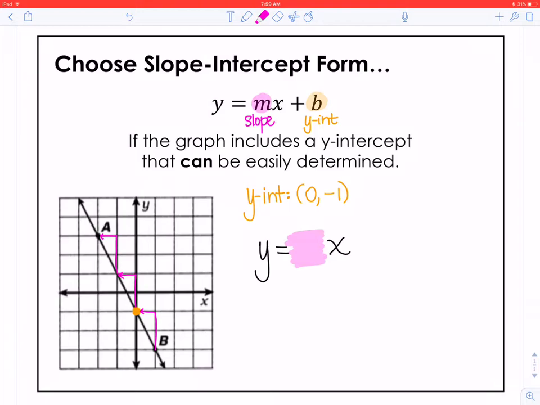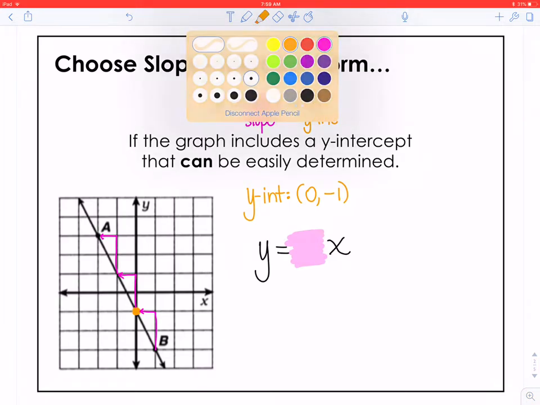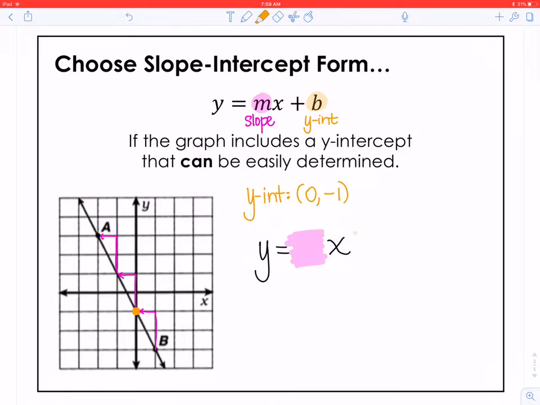And then I also know that after my x term, my constant, either added or subtracted at the end, will be my y-intercept. So we just found our y-intercept to be -1. So we can go ahead and drop in our b to our equation. b is -1. Okay, so all we have left is to find our slope.